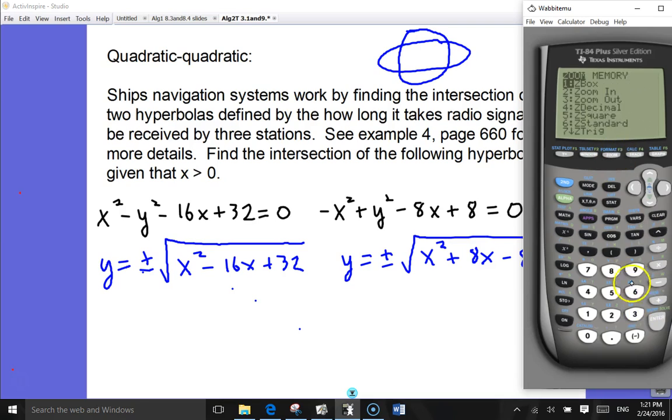Now, at a normal graphing window, if we zoom out, because you can hardly see the whole thing, Zoom 3.